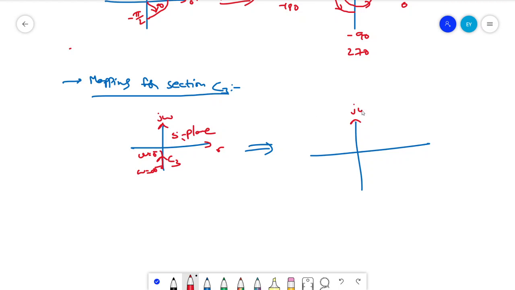Okay, so it will be JV. It will start at this point and it will go to this point and it will end up here. This will be omega equal to 0. This will be omega equal to infinity. It will actually start at omega equal to infinity. It is the reciprocal, right? So it will start at omega equal to infinity minus and this way it will go.